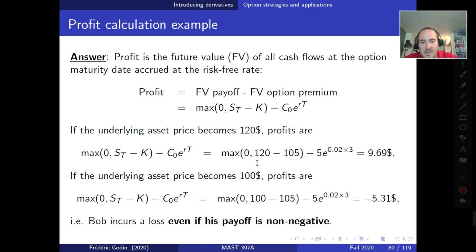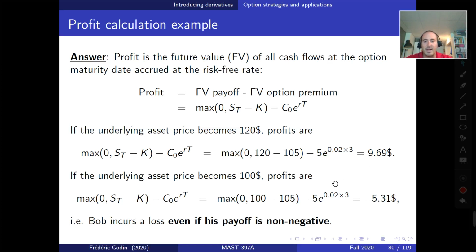So in that case, S_T would be 120, K is the strike 105, minus the future value of the premium, which is the premium, $5, times the exponential of the risk-free rate times 3, where 3 is the maturity. So in that case, the profit becomes $9.69.